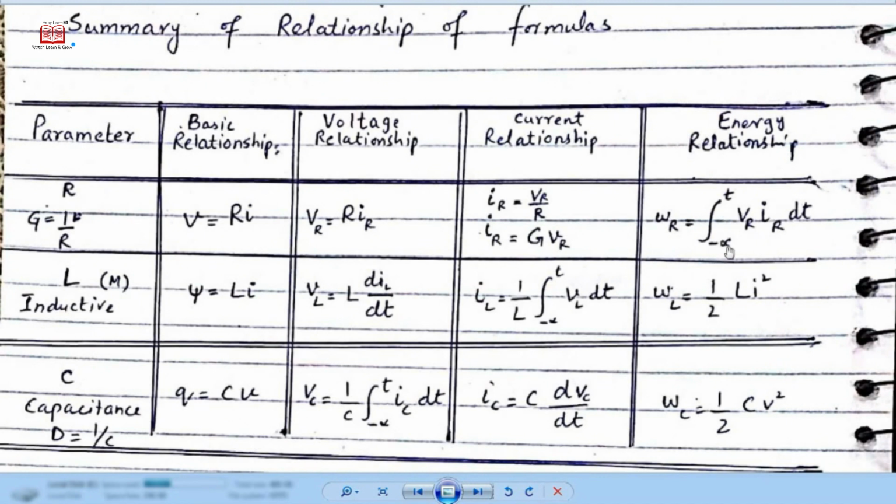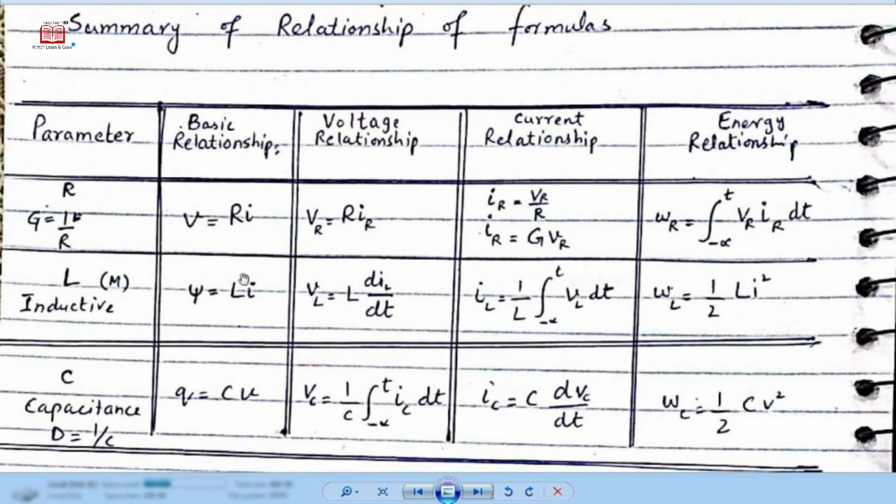These limits change according to the situation, but in any simple system, general relationships are written from minus infinity to the present time t. So you can also skip the limits. The multiplication of the voltage and the current, vi, becomes the energy, with an integral with respect to time t.